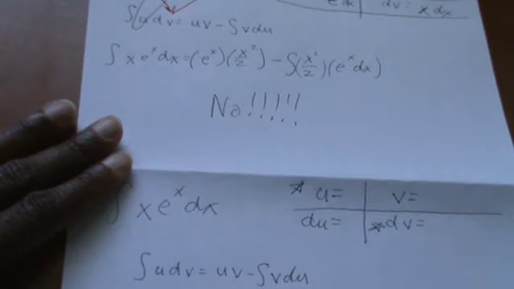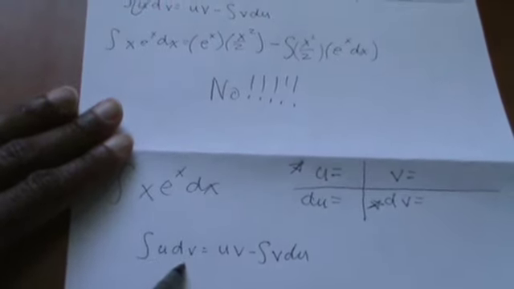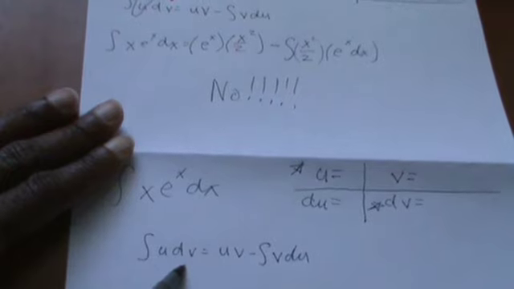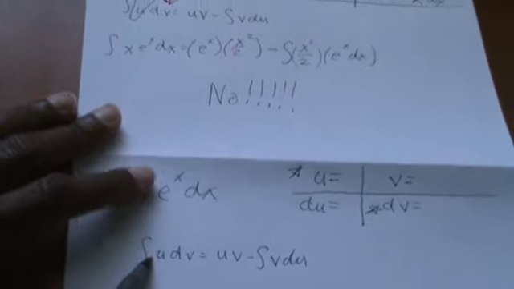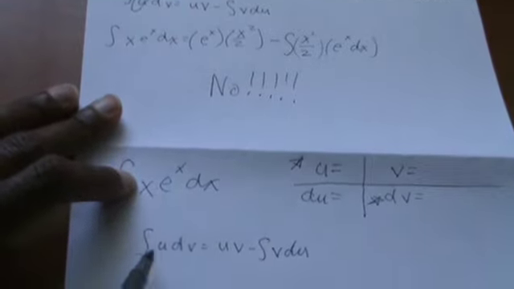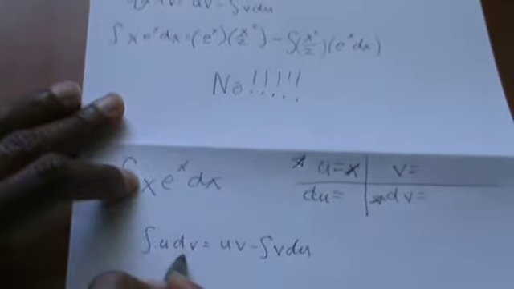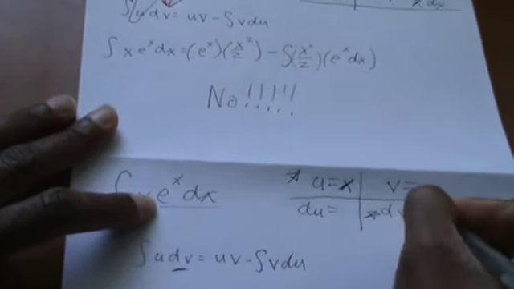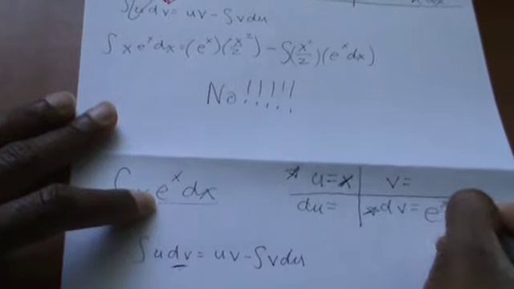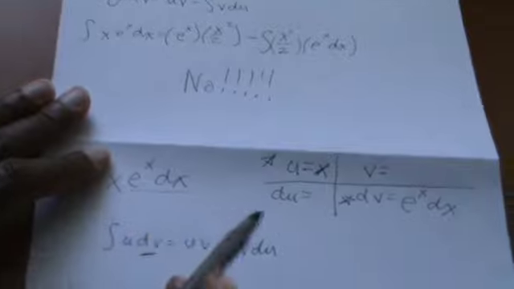So we have to choose something for the u and something for the dv. In the last one I let u equal e^x, but this time I'm going to let u equal x. And my dv, I'll let that equal what's left, so e^x dx. All right, so let's finish the rest of it.